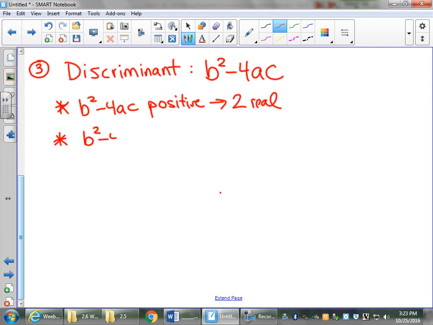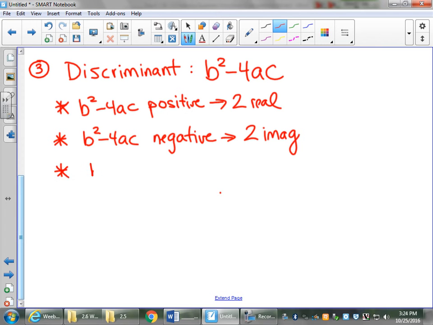If the discriminant is negative, we're going to have the 2 imaginary, or no real solution. And that's because if you have a negative underneath the radical in the formula, the negative comes out as i, so our answers are imaginary.